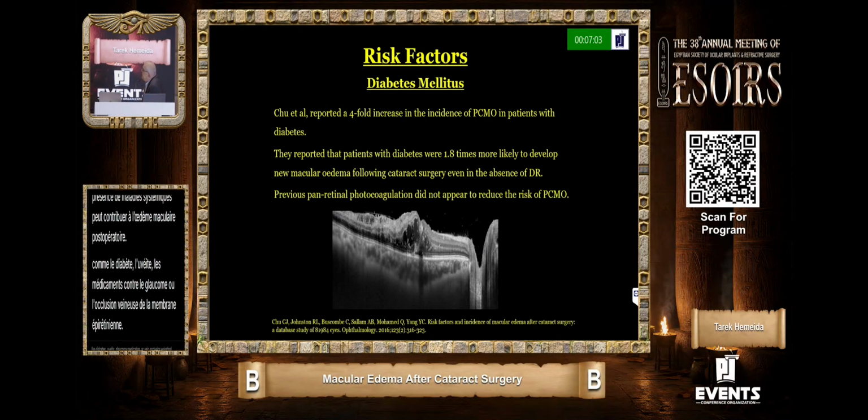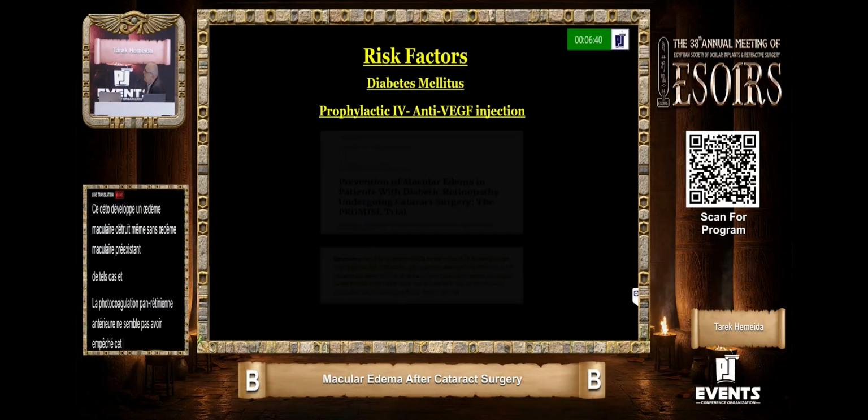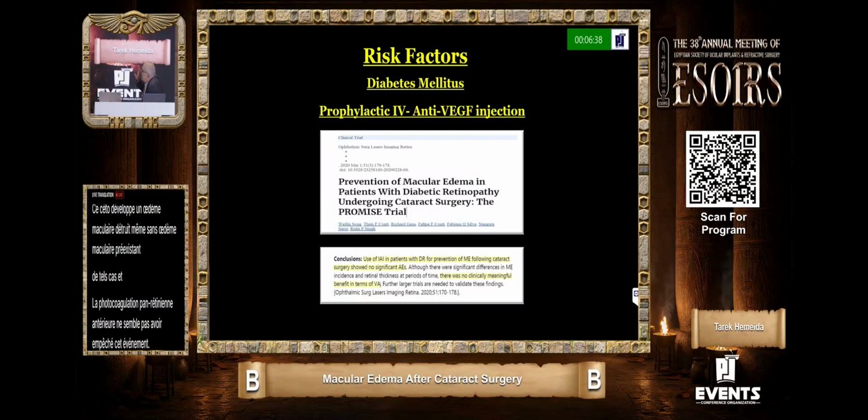Diabetes mellitus shows a 1.8 times risk of developing cystoid macular edema, even without pre-existing macular edema. And previous pan-retinal photocoagulation did not appear to prevent this event. There is an argument about whether to do prophylactic intravitreal anti-VEGF.